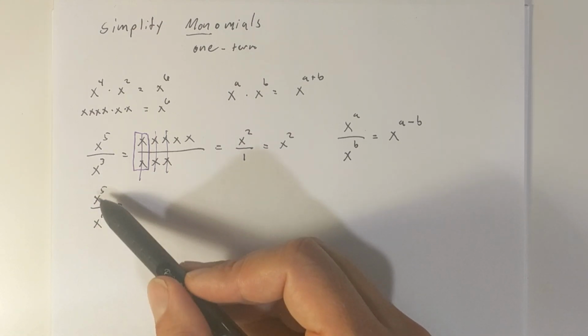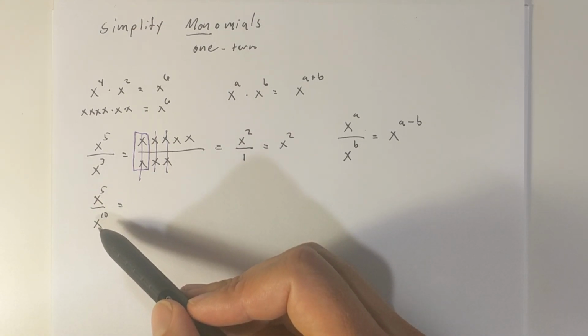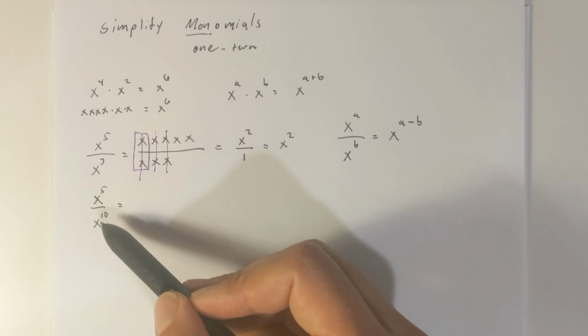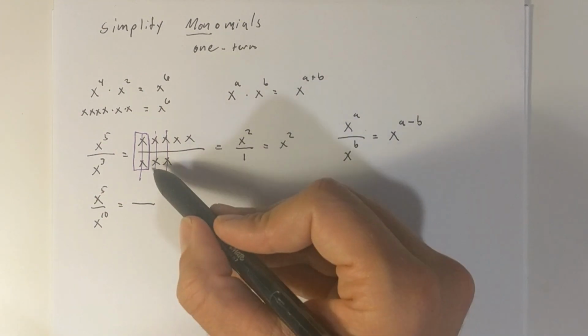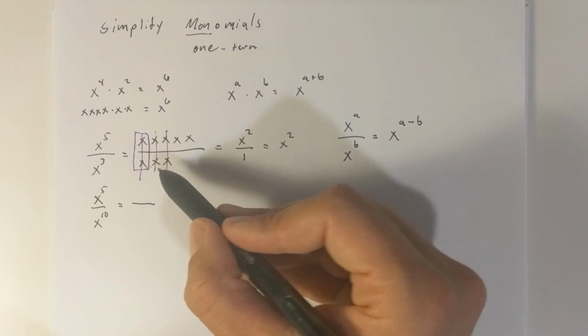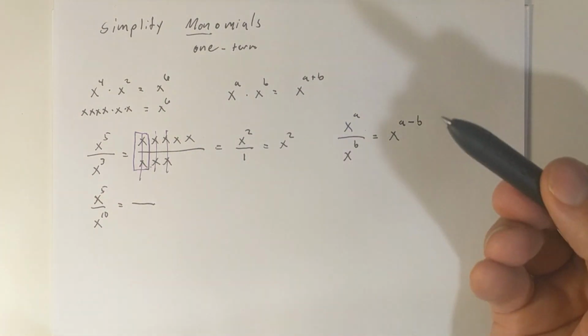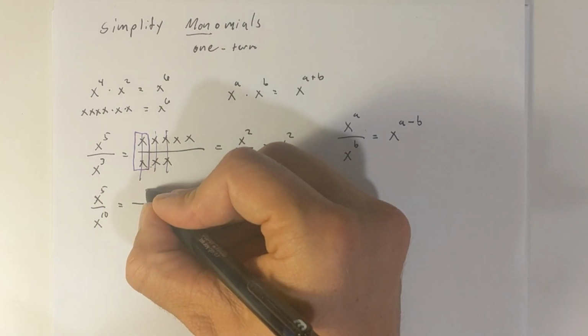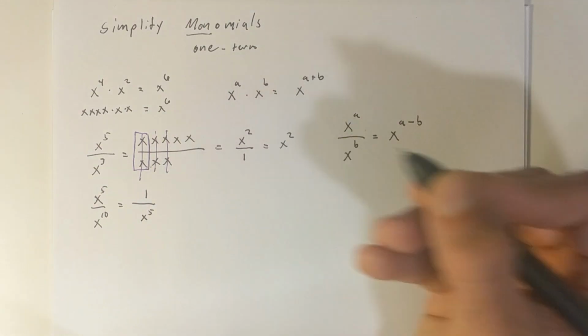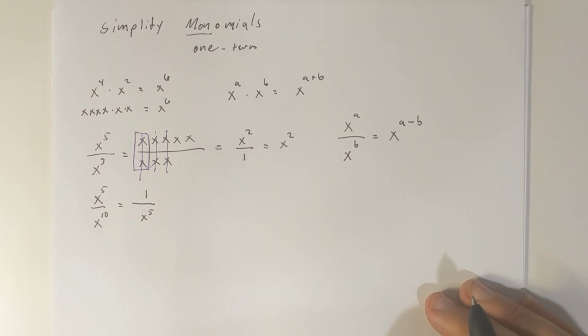So obviously I can match up 5 pairs. I cannot match up all of them, but I can match up 5 of them, which leaves me 5 on the bottom. So just like here, where all of these disappeared, and so I got a 1, since something divided by itself is always 1, all of these x's disappear, and so I get a 1 on top. This is 1 over x to the fifth.